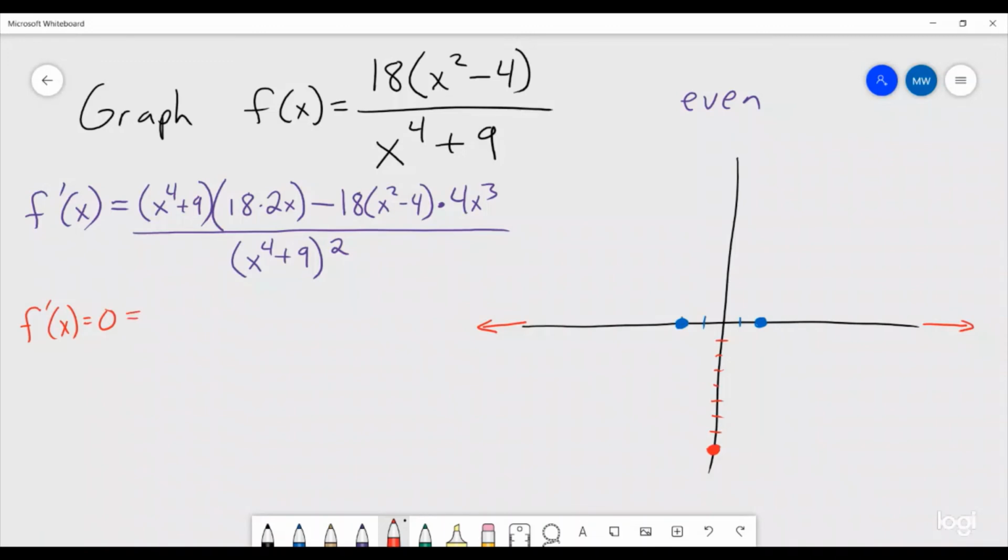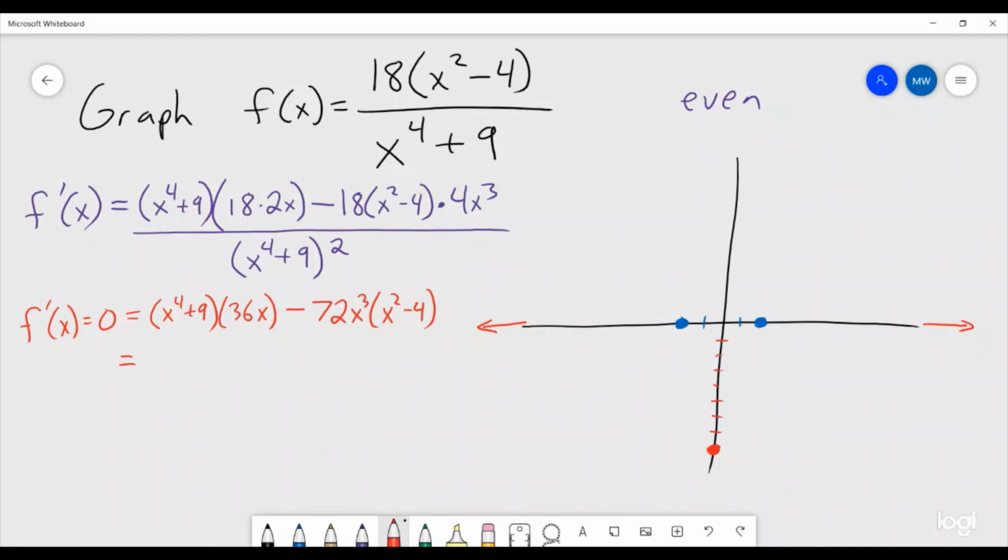So we've got x to the fourth plus 9 times 36x, minus 18 times 4, that's 72, so minus 72x cubed, times x squared minus 4.